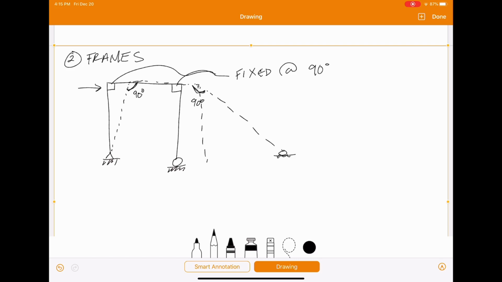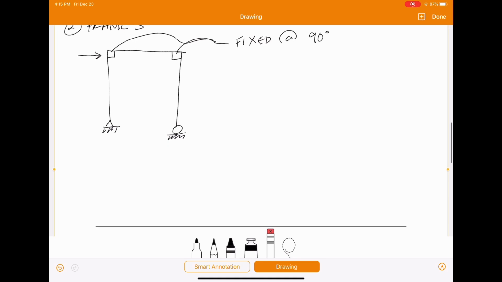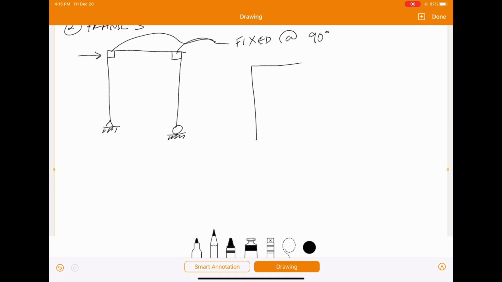So with that said, let's just go ahead and look at an example similar to this. All right. Got our 90 degrees, 90 degrees. Again, they stay 90 degrees.